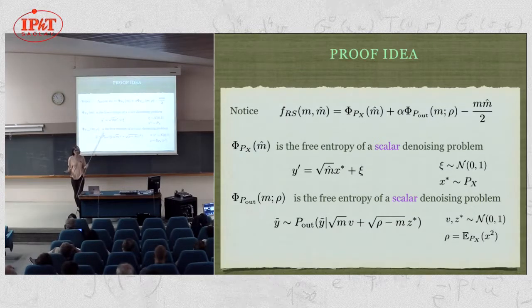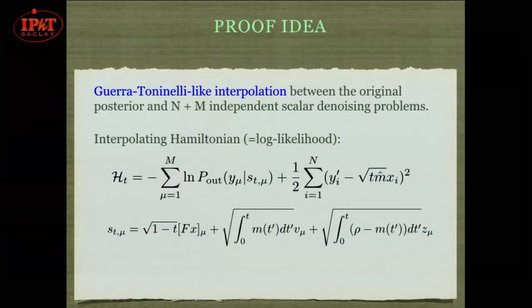So it's interesting to realize that the replica formula has this modular structure that is basically 1 denoising problem plus alpha times a different denoising problem. Remember, alpha is always the ratio between the number of samples and the dimension, minus just the combination of these 2 constants.